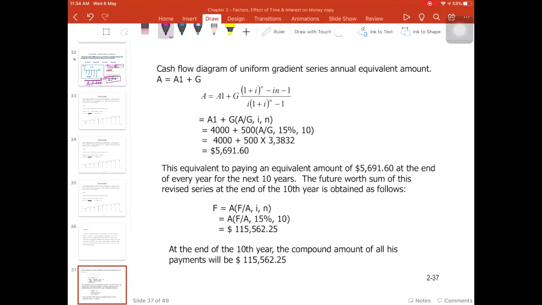So 4,000 plus 500 AG, 15%, 10. So A you will get 5,691.60. Okay, the A. And then you use the normal formula F over A. And then the last one you will get 105,562.25. Understand?